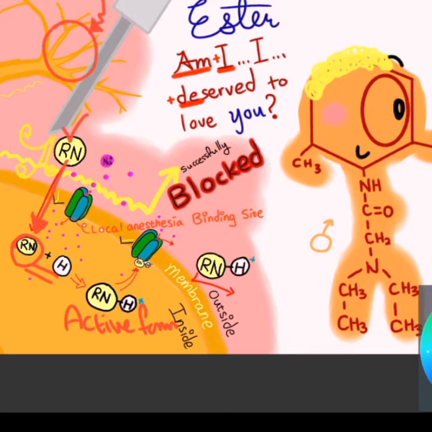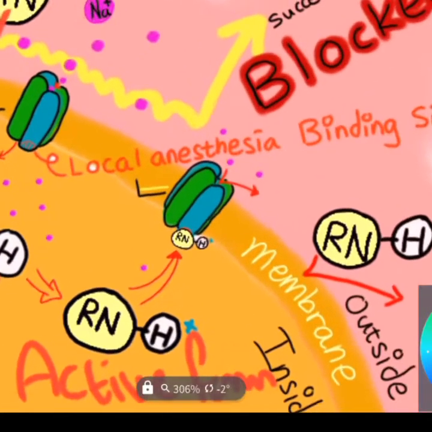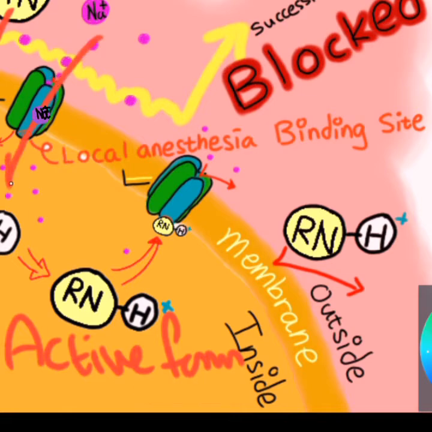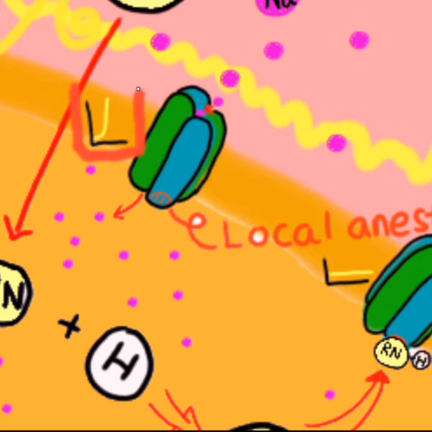So this site is stimulated and depolarized, and the signal travels along the way because it has sodium channels and sodium influx. So depolarization continues along the nerve fiber. As you can see here, sodium is going inside, and in this little graph, you can see the membrane being depolarized.